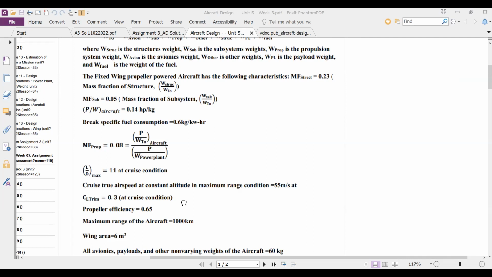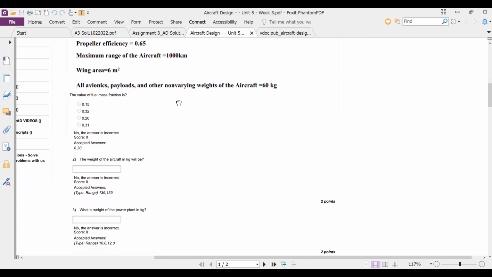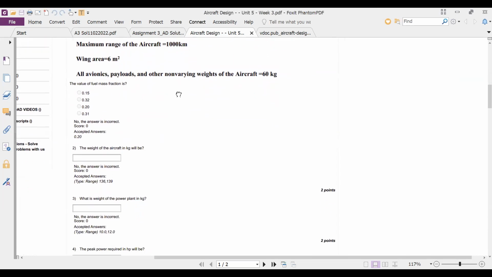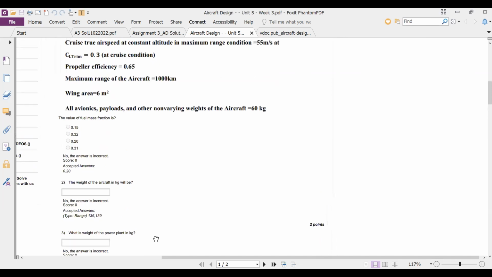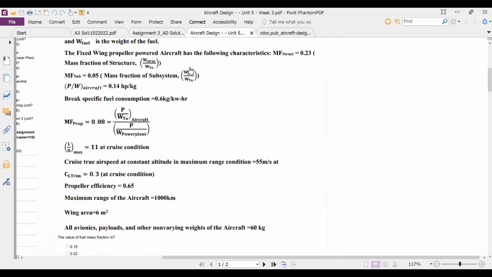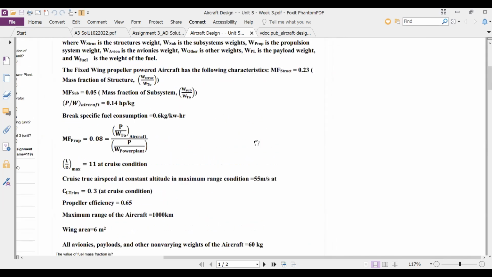Has anyone answered? No? Peak power required in HP will be. So that is the question, and you are given these numbers again.